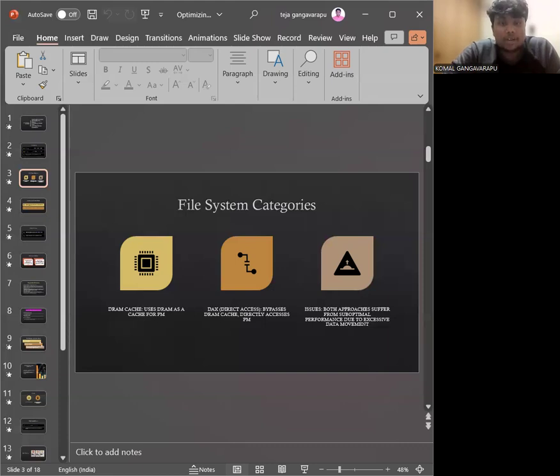The second approach, direct access, bypasses the DRAM cache and accesses persistent memory directly. This method eliminates the latency introduced by the intermediate cache layer, providing a more straightforward path to the persistent memory.